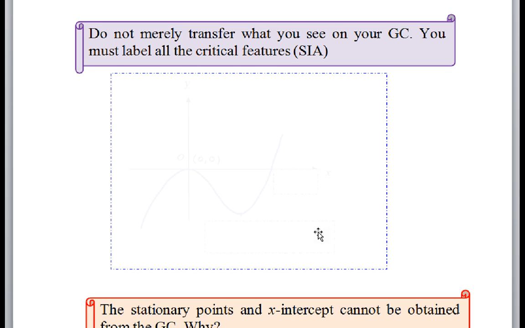A lot of talking, never mind. What I want you to do now is to complete this graph on your paper.